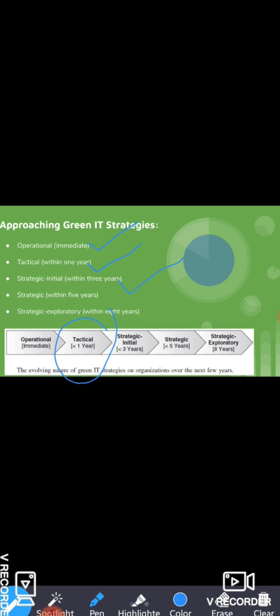Fine. So the next layer is your strategic within 5 years, right? So this green IT strategy is a further extension of the 3 year strategy. What is your 3 year strategy? What is the name? That is strategic initial. Okay.